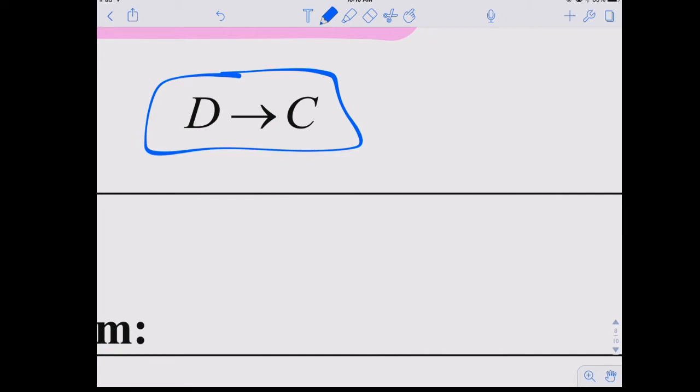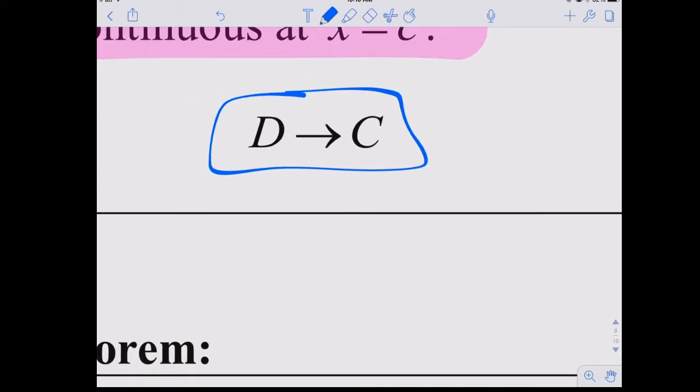What do you think D stands for? Differentiable. Differentiability implies continuity. So we have another way to check for continuity now, right? Instead of checking the three-step definition, limit from the left equals the function value equals the limit from the right, we can now just check to see if the slope exists there, right? And if the slope exists at a point, it's also going to be continuous there.